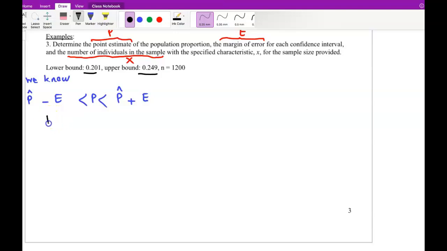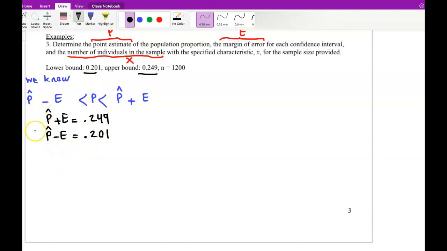Okay, so p hat plus e is equal to, so this is upper bound, 0.249, and lower bound as p hat minus error, that is equal to 0.201.